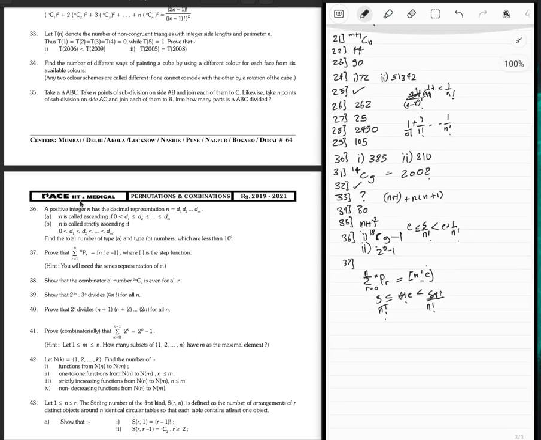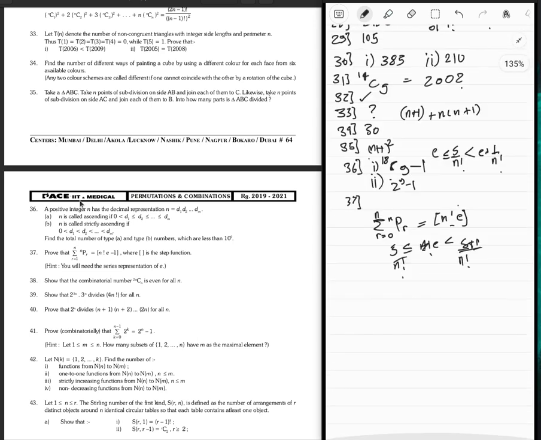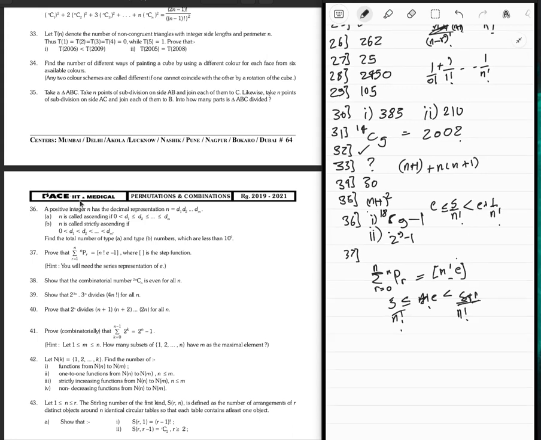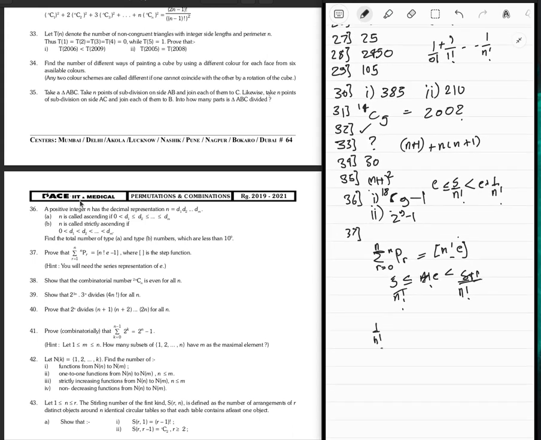Let's try to write it once again. What we're saying is 1 upon n factorial is bigger than, and actually just remove the n factorial anyway. So just 1 is bigger than 1 upon n plus 1 plus 1 upon n plus 1 times n plus 2, and so on, right? That's what we're saying. Okay. If I can somehow prove this recursively or inductively, then we are done.